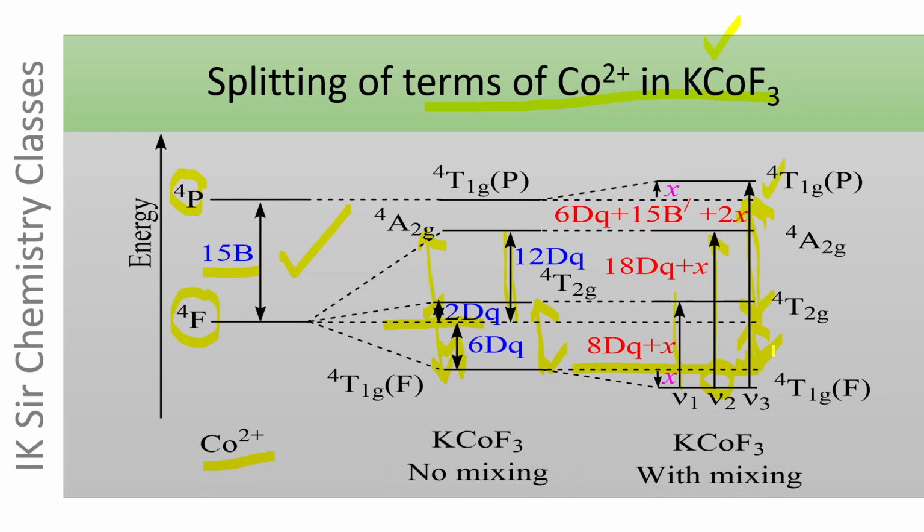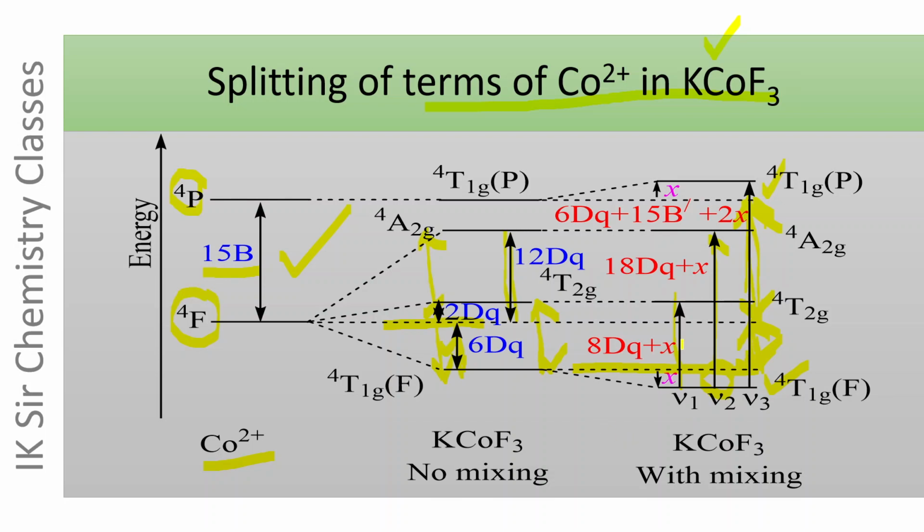This one is x and this one is x, and therefore nu3 will require a total of 6 dq plus 15B' plus x plus x, that is 2x. So 6 dq plus 15B' plus 2x.